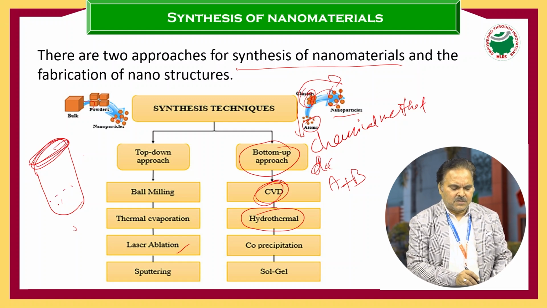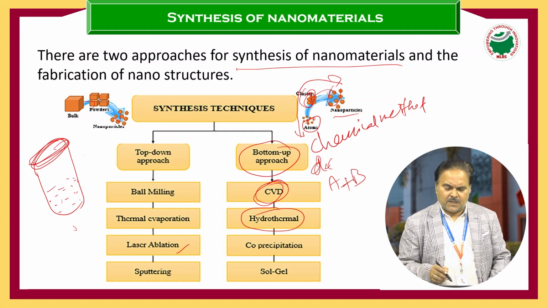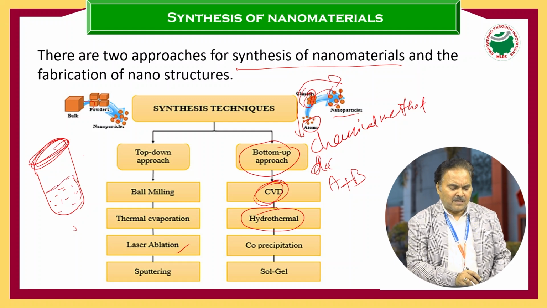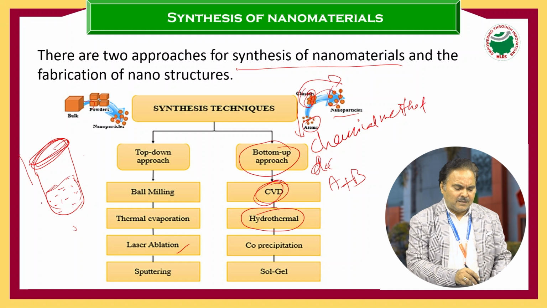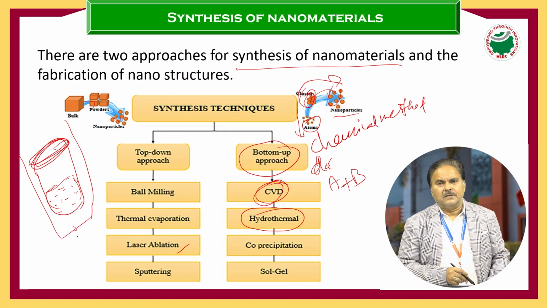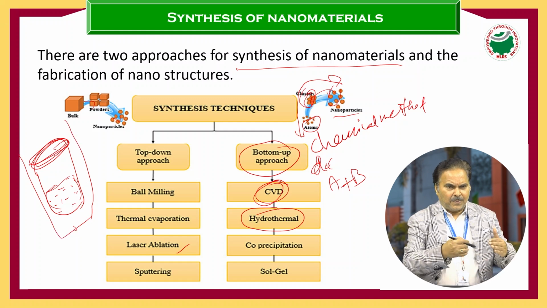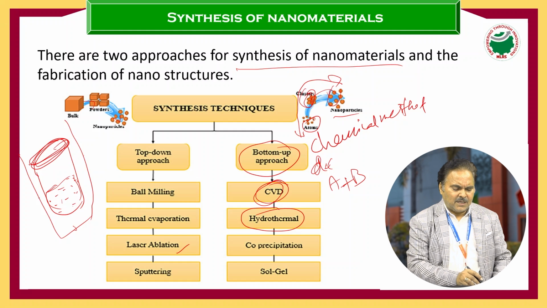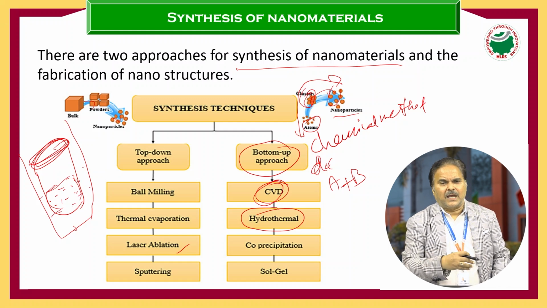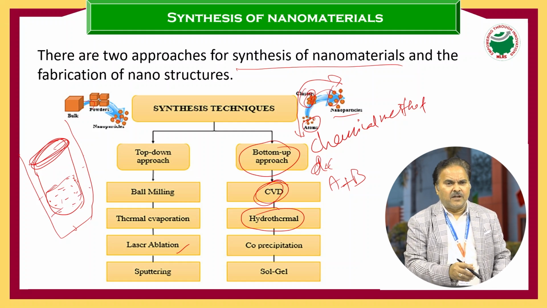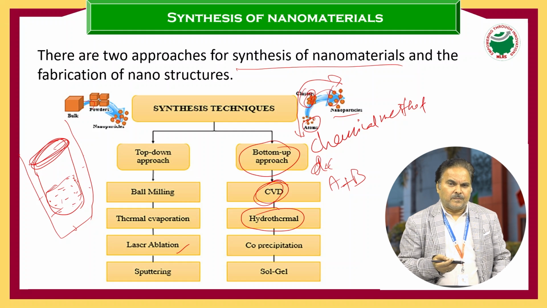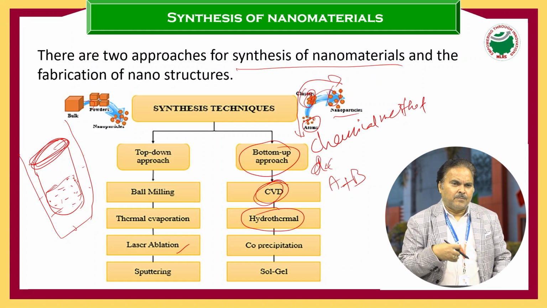They put the liquid material, this A plus B, the acetate and some other material, inside the box and close it. Then it is kept in a temperature furnace, so some pressure is applied.